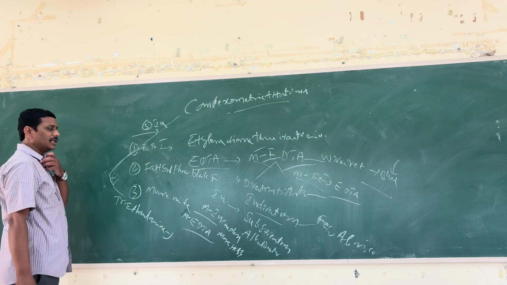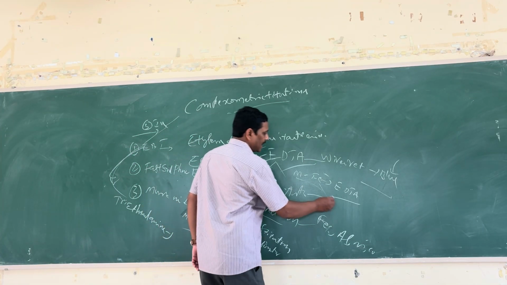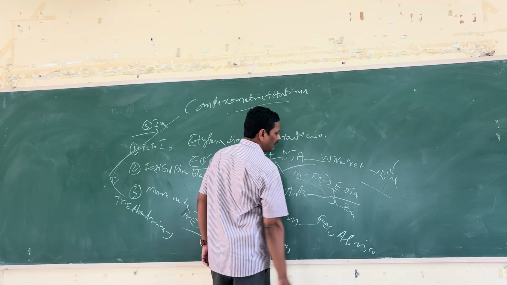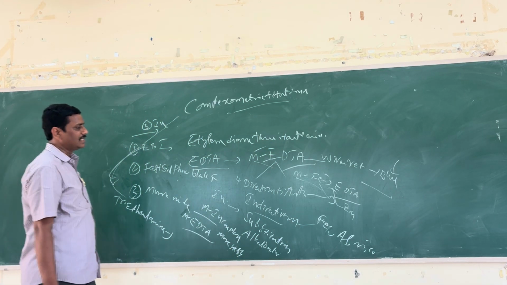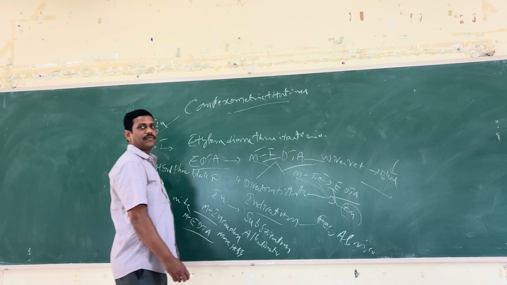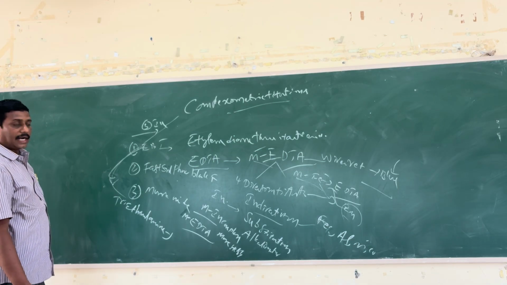By adding buffer solution and an excess of a suitable metal ion, zinc solution, to the iron EDTA solution, the iron is easily replaced by the zinc. Zinc EDTA is formed. That is called substitution titration.